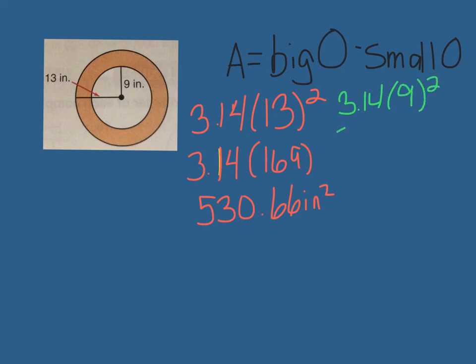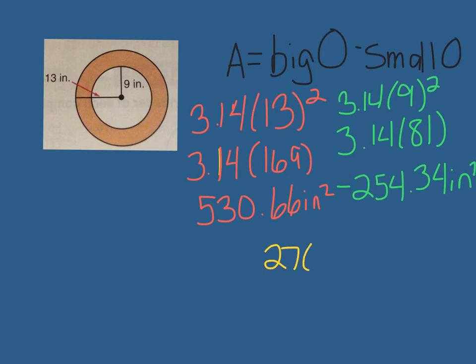So that would be 3.14 times 81. And then that gives me 254.34 inches squared. Then I subtract those two, and I'm left with 276.32 inches squared. So that would be the area of just the shaded region.